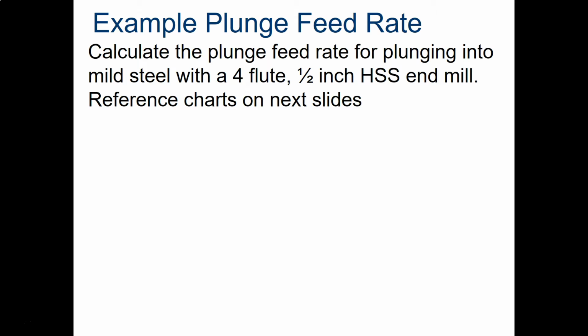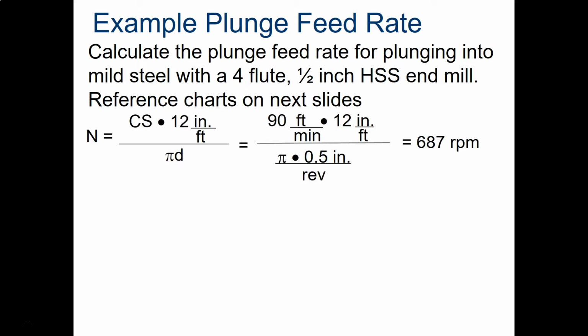Let's calculate the plunge feed rate for plunging into mild steel with a 4-flute 1/2-inch HSS end mill. On the table where we found the aluminum CS, we could also find that mild steel. It's typically 90 feet per minute. Remember, we round down, so we're using 687, not 688.